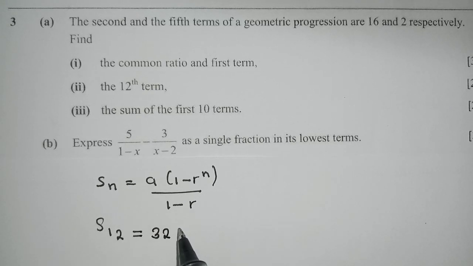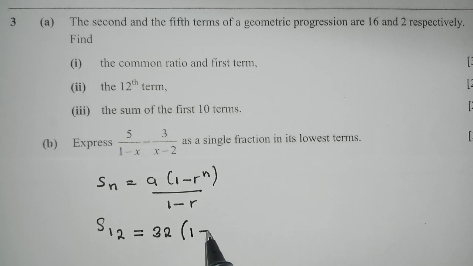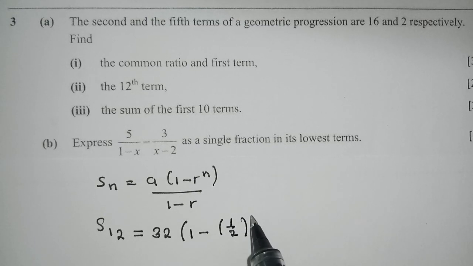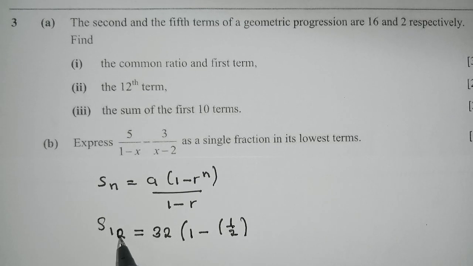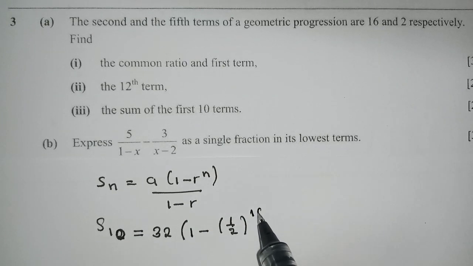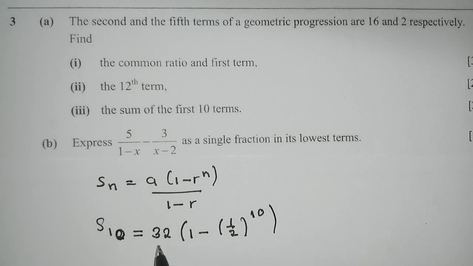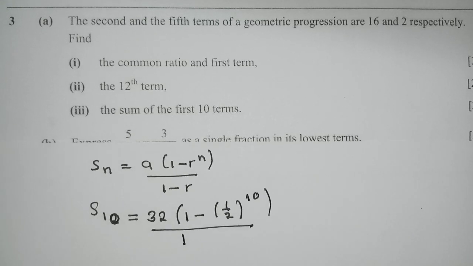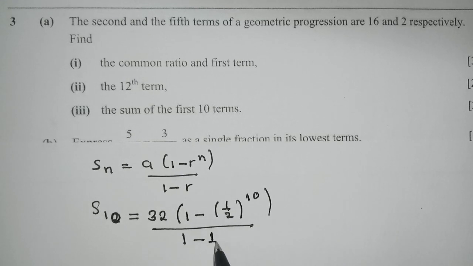We found 32 to be our A on the first question. Our R was 1 over 2. Our N here is 10 terms. Our N is 10, over 1 minus 1 over 2.